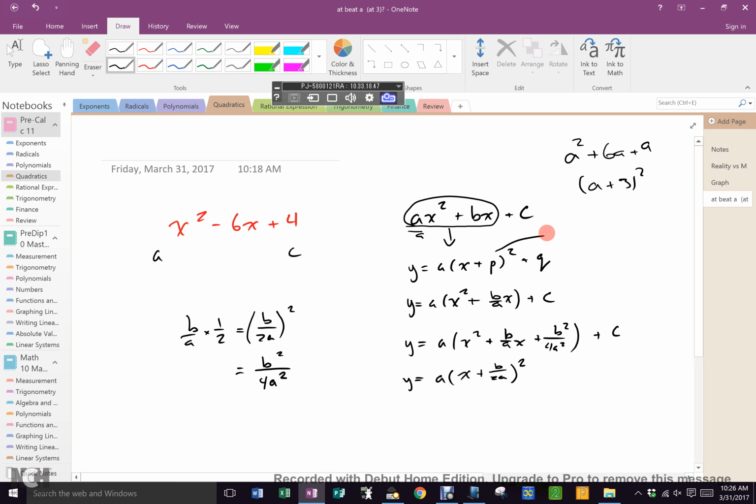P is the vertex X point, isn't it? Right? What else is the vertex X point? It's also right there, isn't it? Is everybody cool with that?